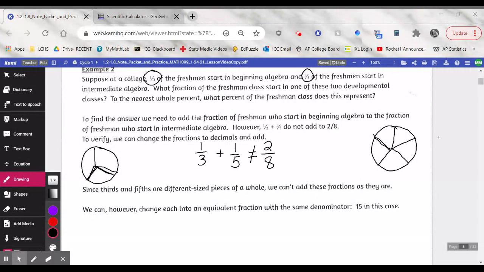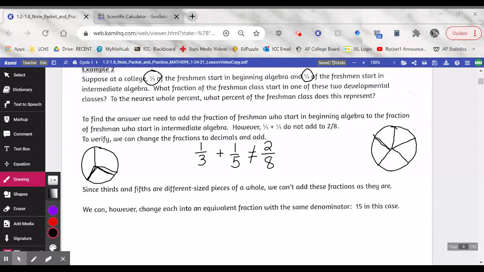You can see that the sizes of the pieces in this one are smaller than the sizes over here. So we can't just add them together because they don't represent the same portion.